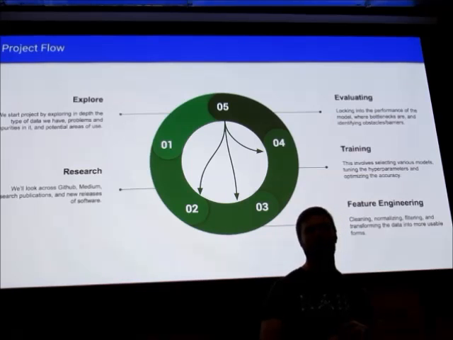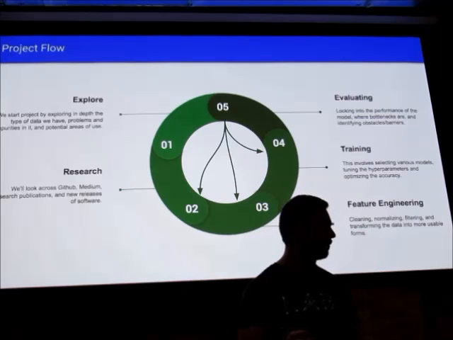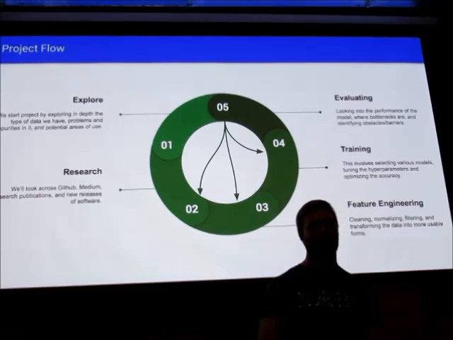Even figuring out what we would need to actually predict something, and especially if we found there's no correlation, going back and trying to evaluate where did we go wrong: are we using the wrong type of algorithms, or do we need a completely different set of data. So most of the time is spent on the feature engineering and the research and really getting an understanding of the data.